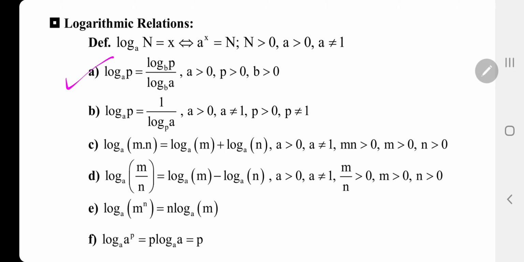It is log of p on the base of a, and we call it the base change formula of logarithm. It means we will be changing the base of the logarithmic function as per the requirement of the problem, as per our choice. So how do we do that?